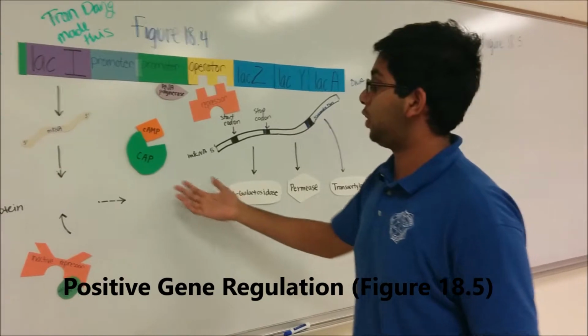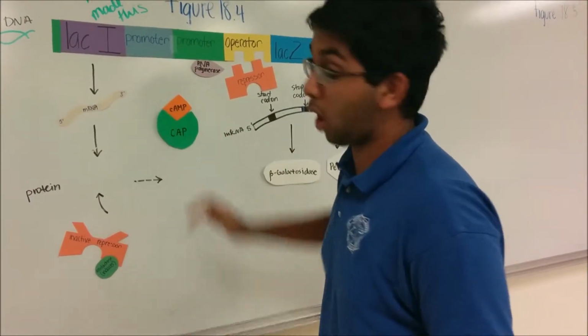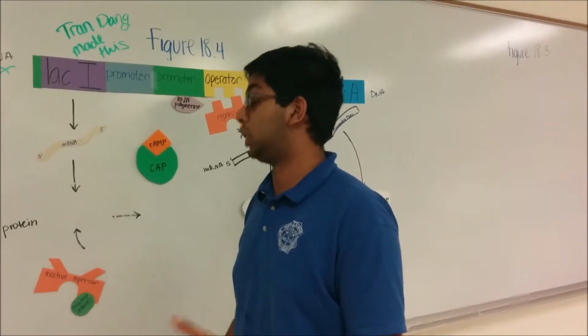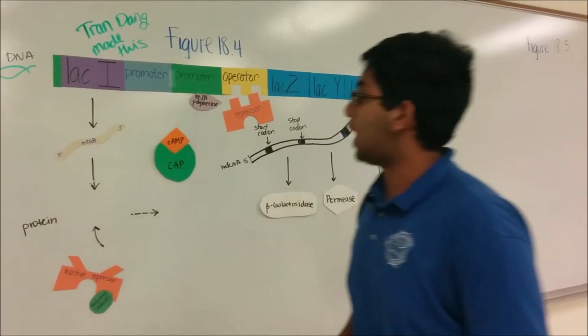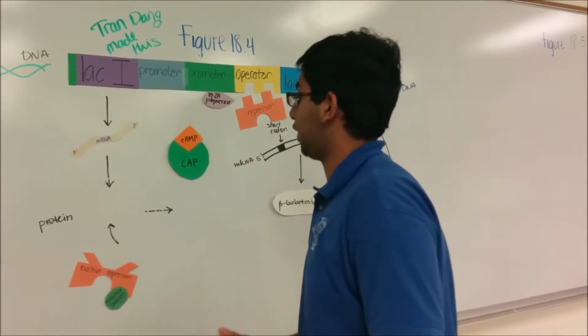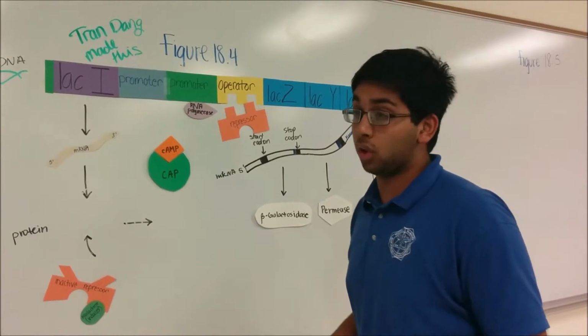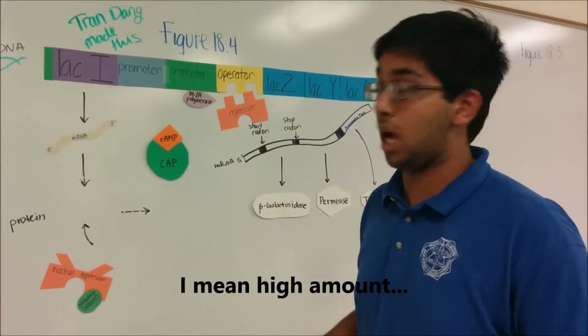So this diagram that I'm going to be talking about is actually the cAMP diagram, which is talking about positive gene regulation. What happens in positive gene regulation in prokaryotic cells is that there's a high amount of lactose inside the cell, and there's a low amount of cAMP.